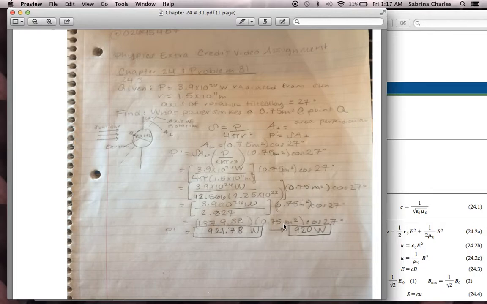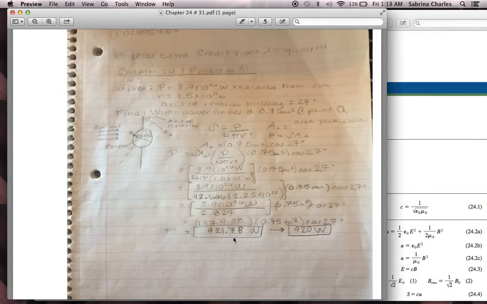Then we multiply that by 0.75 meters squared, and then multiply that by cosine 27. Our final answer was 921.78 watts. I put here that it rounded to 920 because of the 2 sig figs, but ideally it rounds up to 922 watts.